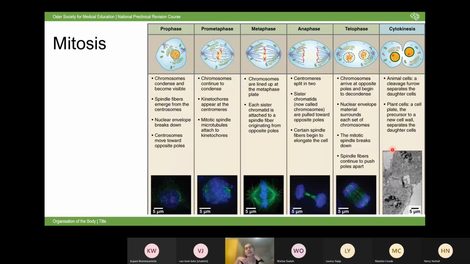And this is important, the breakdown of the nuclear envelope, because the centrosomes, as you can see, are outside of the nucleus. But in order for division to happen, the centrosomes need to attach to the chromosomes. And this obviously can't happen if there's a nuclear envelope in the way.